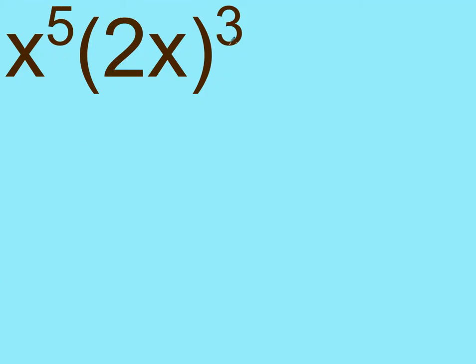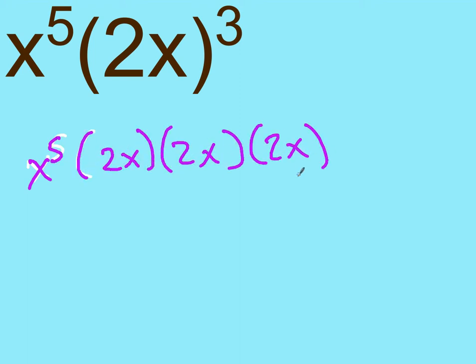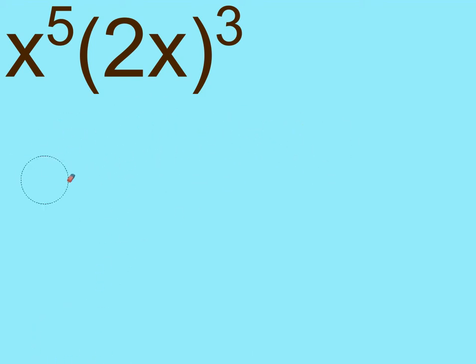Okay, so now we kind of have a combination. You have this exponent first, and then we have multiplication. So what we have really here, let me use a different color that's a little easier to see. You have x to the 5th, and then this is saying times 2x times 2x times 2x. Okay, so that's another way to write that problem. So x to the 5th isn't going to change.